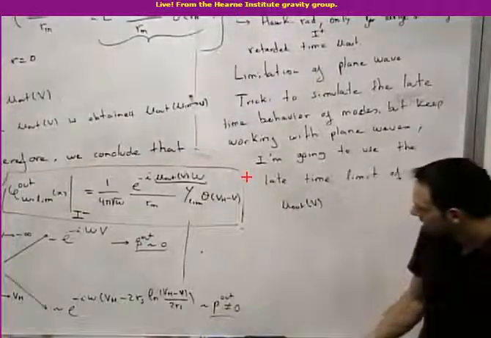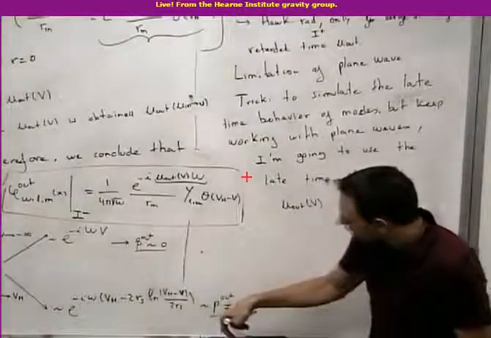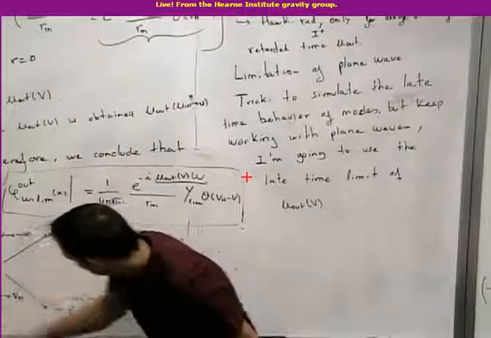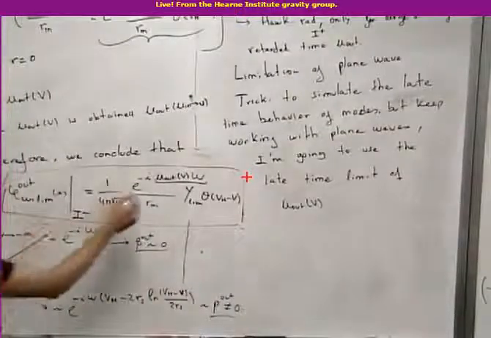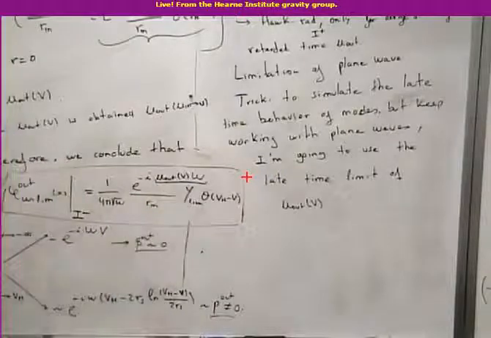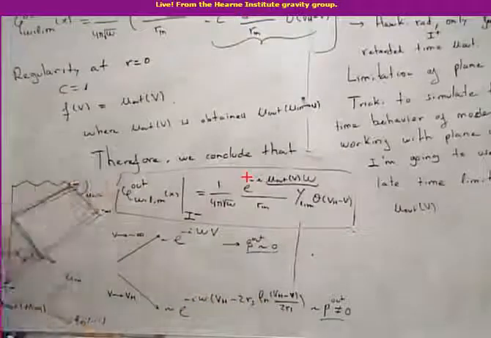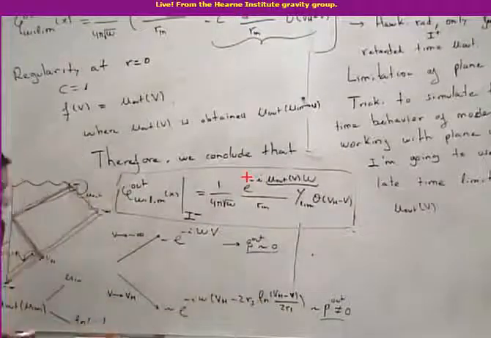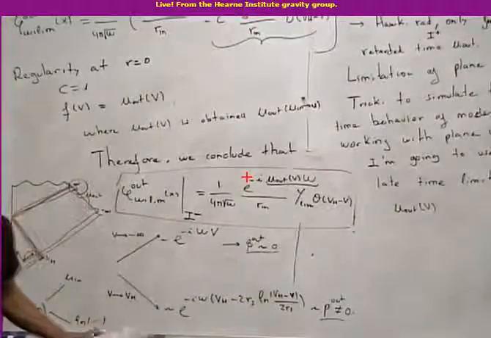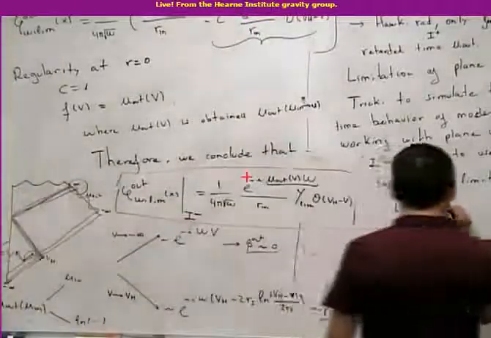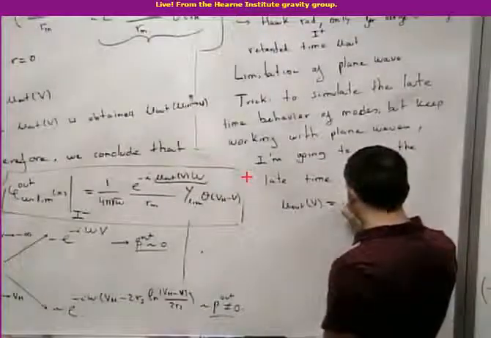As I said, the reason why beta is 0 or non-zero is how this function u out of v behaves. It behaves as v at early times and as a logarithm at late times. And this is crucial. So what I'm going to do is just use the logarithm relation as if I was at late times. So I'm going to replace the real behavior by the late time limit.